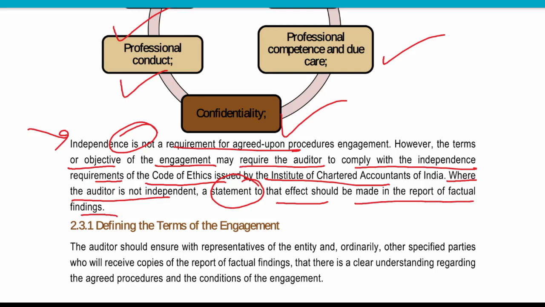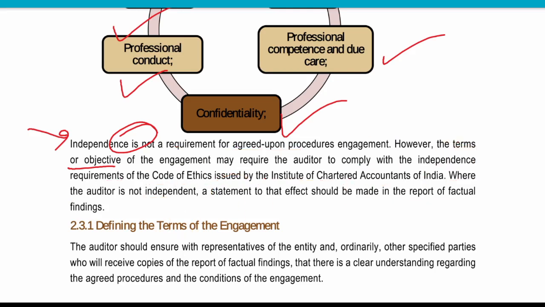If the particular CA is not independent because he needs to comply with the Code of Ethics, that doesn't mean he should not take that assignment. He can take it and only mention a statement that he is not independent of this particular company, and he should mention the same in the factual report. But what conclusion needs to be drawn out of it is from the user point of view.